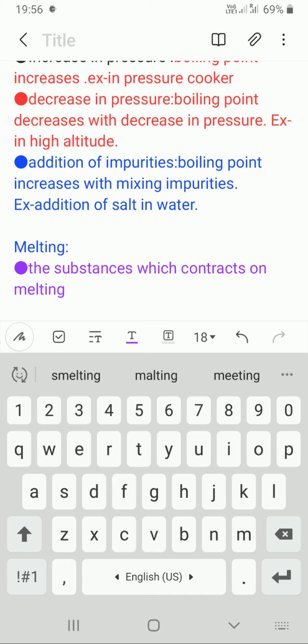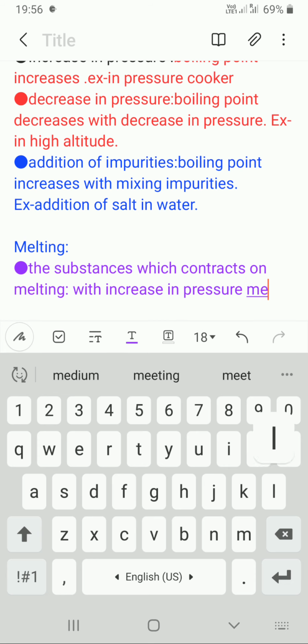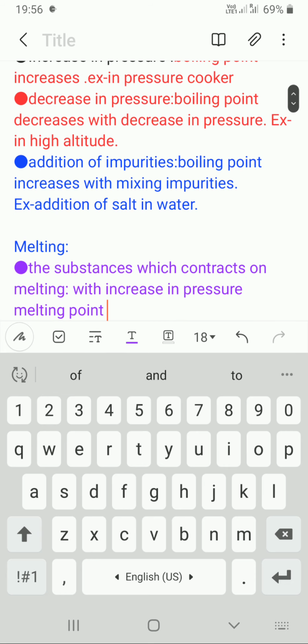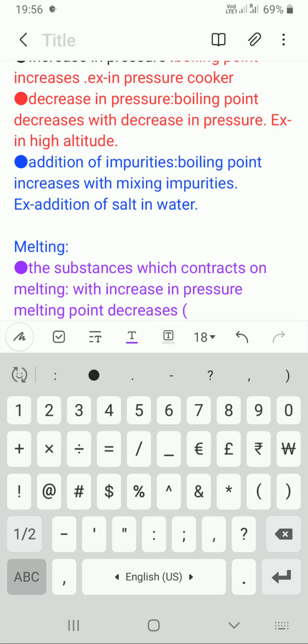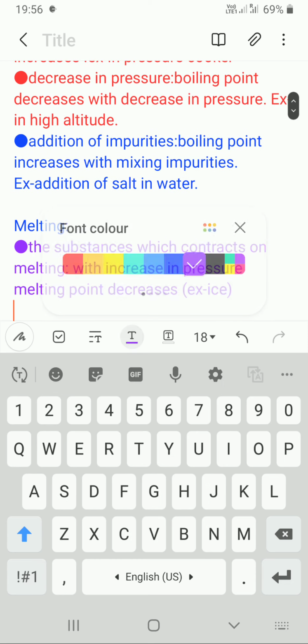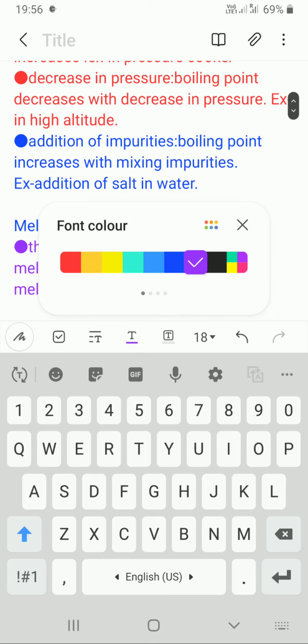So here I will write: with increase in pressure, melting point decreases. The example is ice, anomalous expansion. From class 7 we have been reading this anomalous expansion.